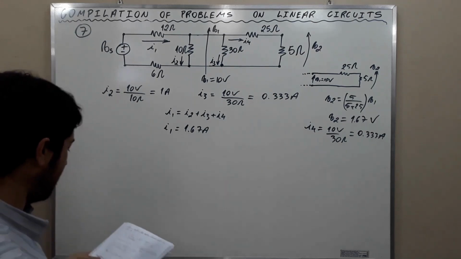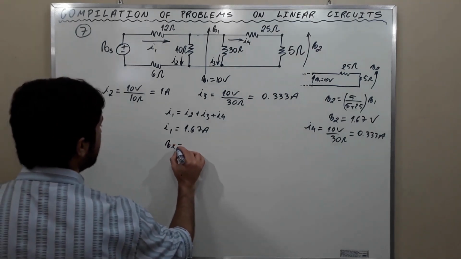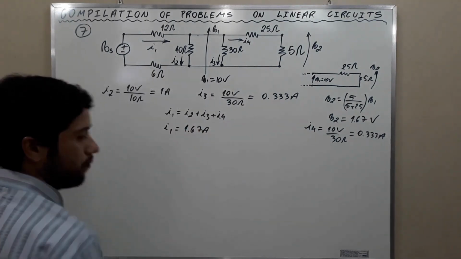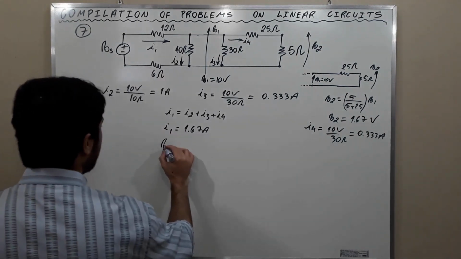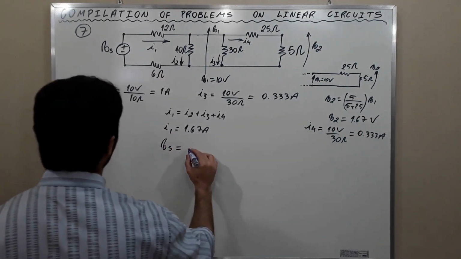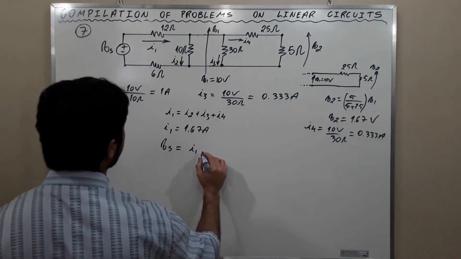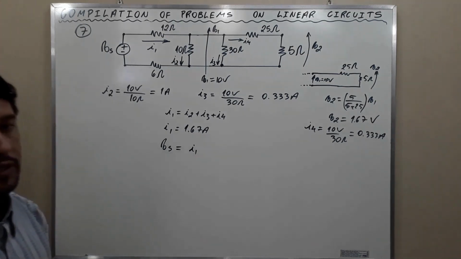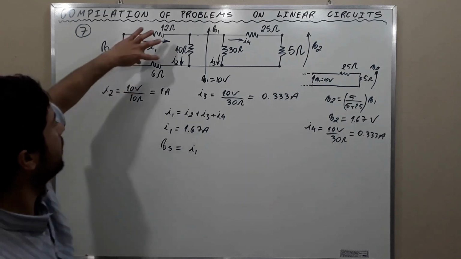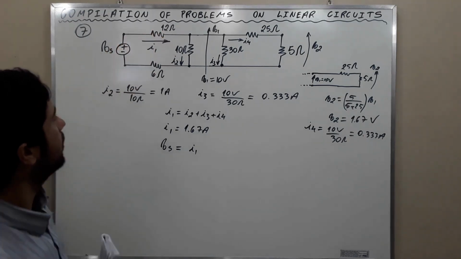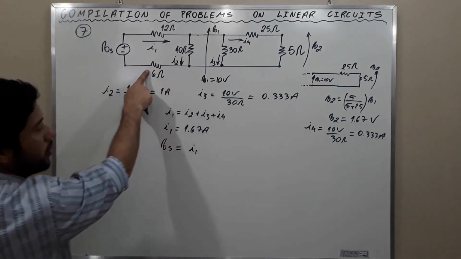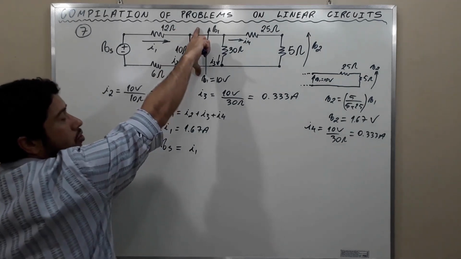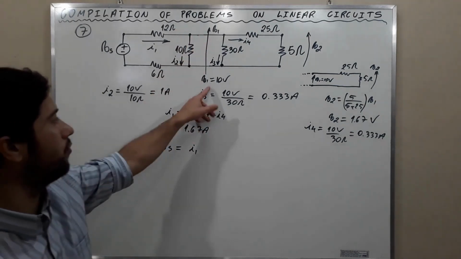This value can be found as Vs, not Vx, Vs. Vs is equal to I1... Let's understand what we are calculating here. There is a voltage drop here. This current here is going to flow here. There is a voltage drop here, and there is a voltage drop here. This voltage drop here we already know, and it is V1.